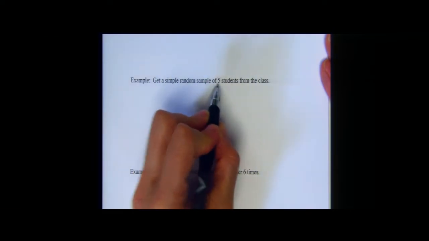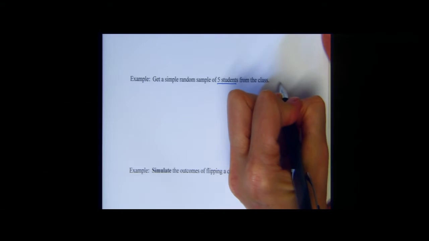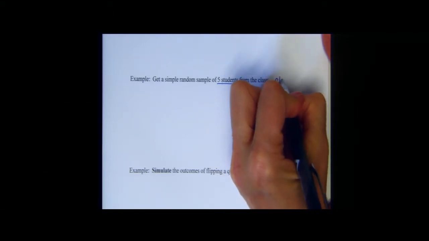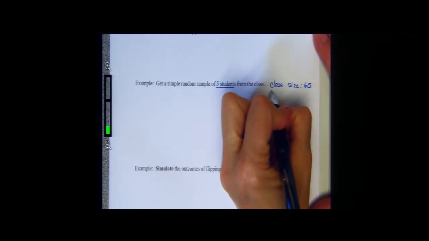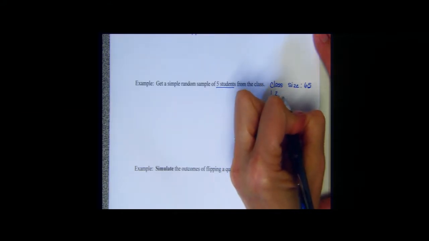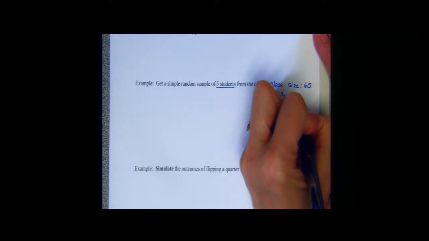Suppose that we want to get a simple random sample of 5 students from a class. So let's say that we have a class size of 65 students. So what we would do first is we would number those students from student 1 all the way up to student 65.